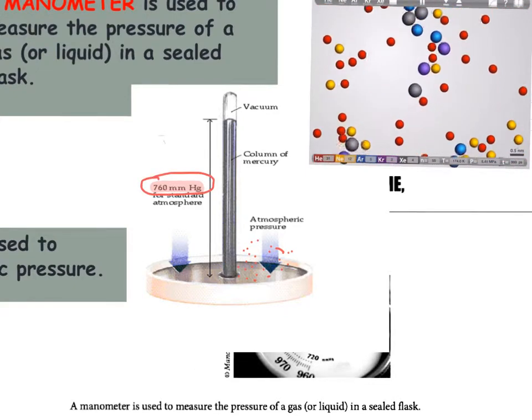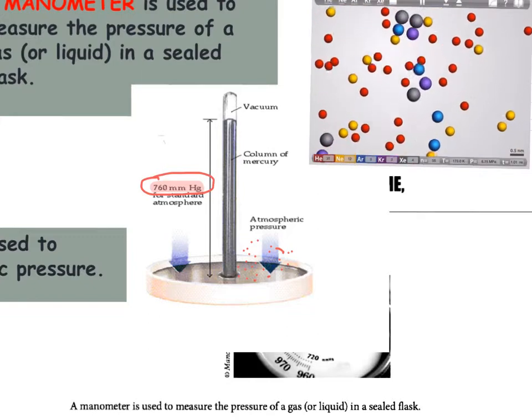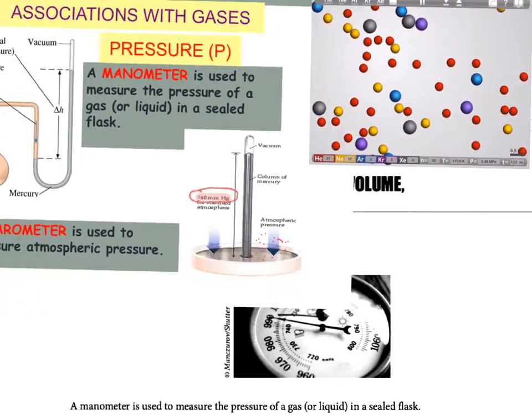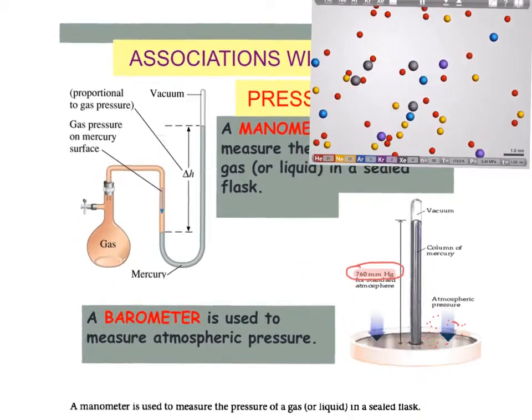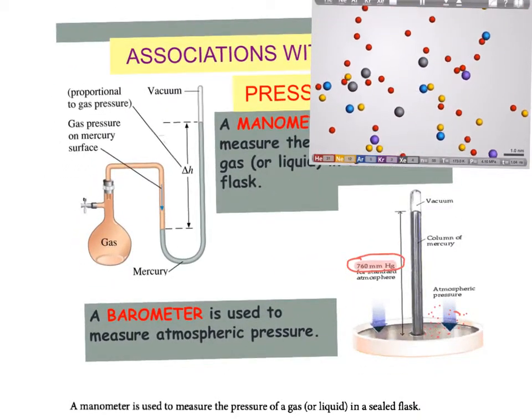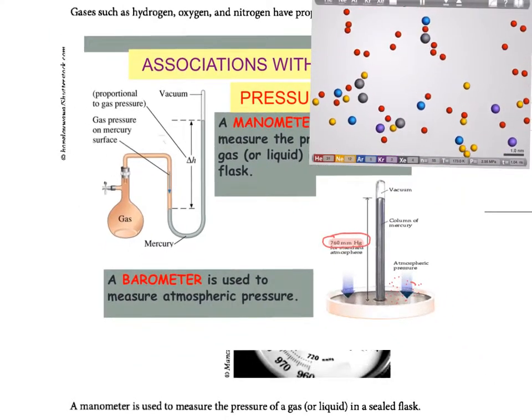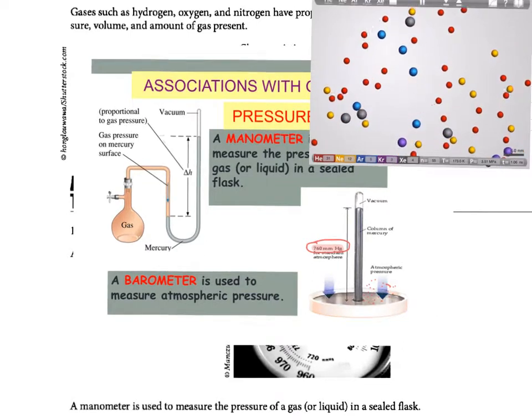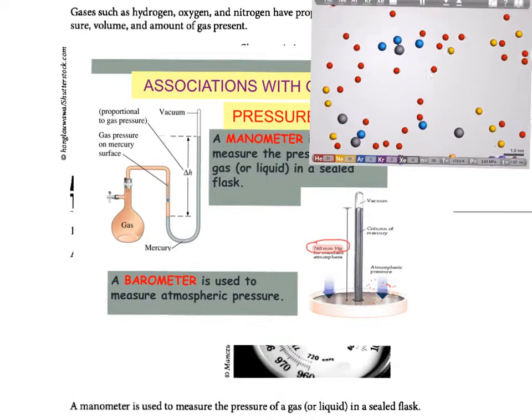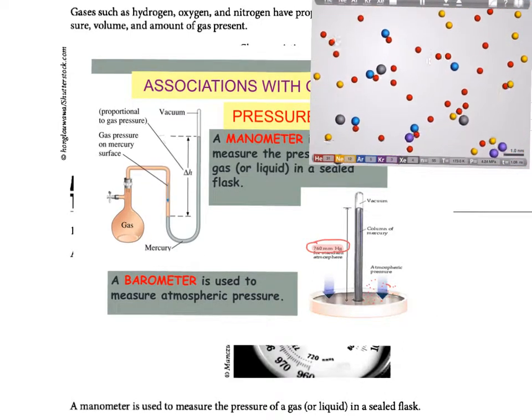And the 760 is what we consider standard conditions, and we'll talk about that more in a little bit. And then, of course, we have the barometer, which I think most people are familiar with. Again, it's still measuring that height difference, whether you use mercury or some other non-volatile or sealed-off liquid that then can rise based on an increase in pressure.